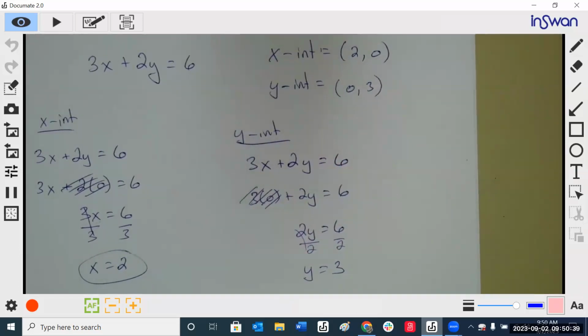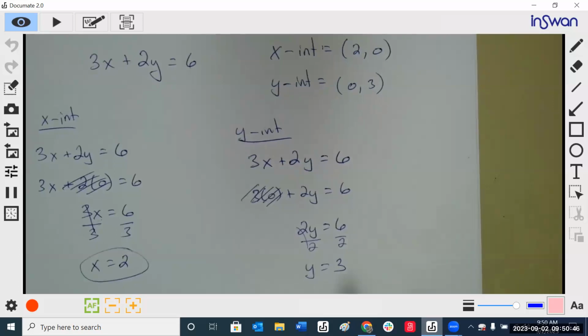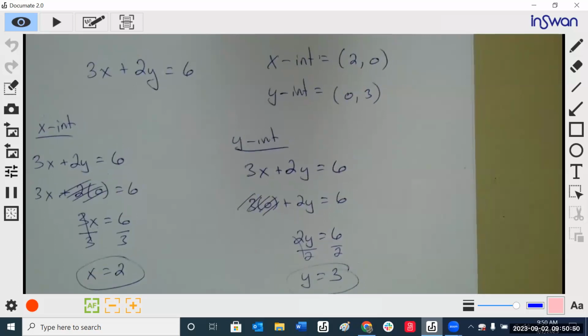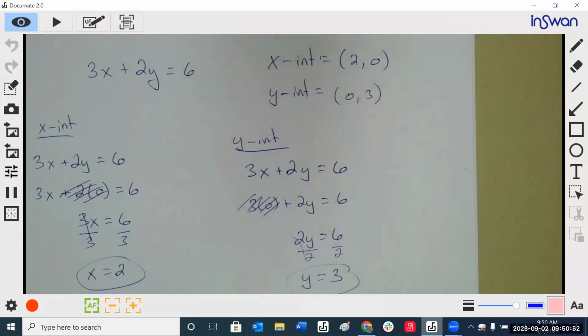Because it's going to ask you a couple of times, what is the location or what is the x-intercept? You have to make sure you put it in the right format. Sometimes it'll just ask, and the answer will be y equals 3 for the y-intercept. But if it's asking for a location, a point, it wants it at (0, 3).